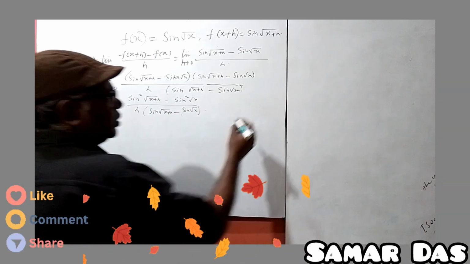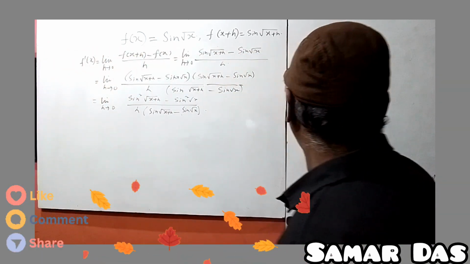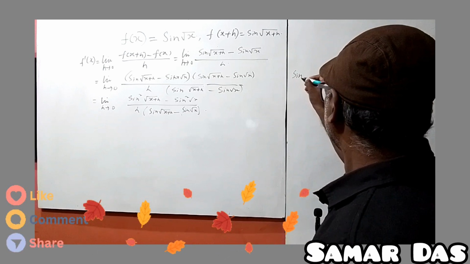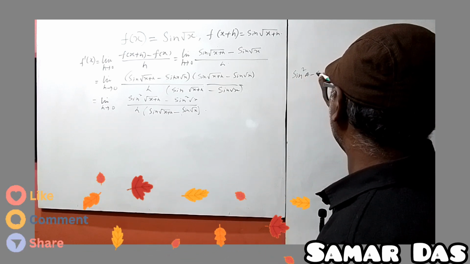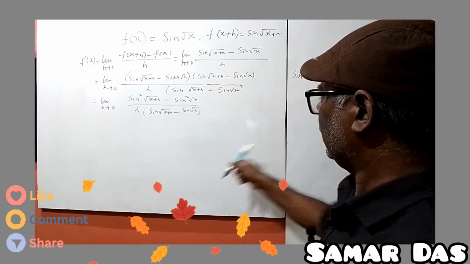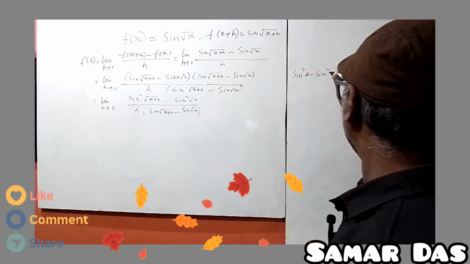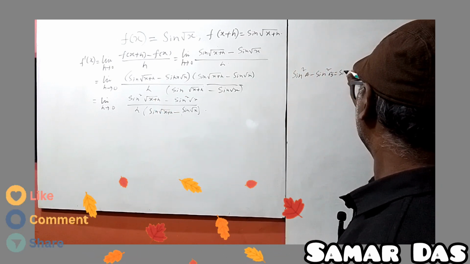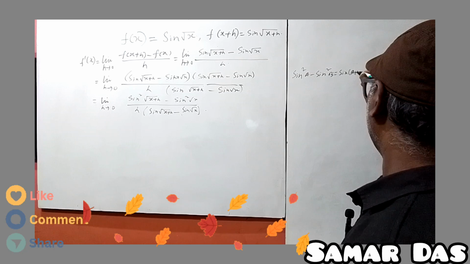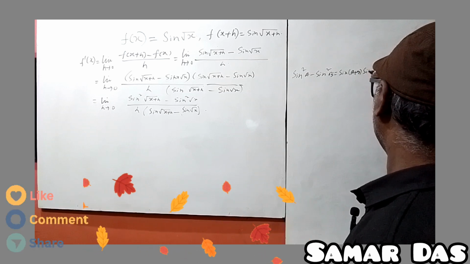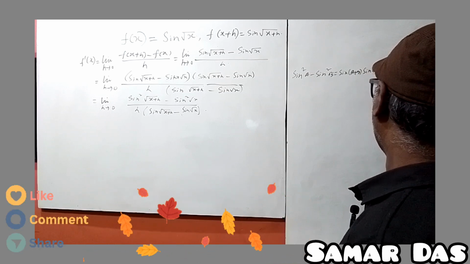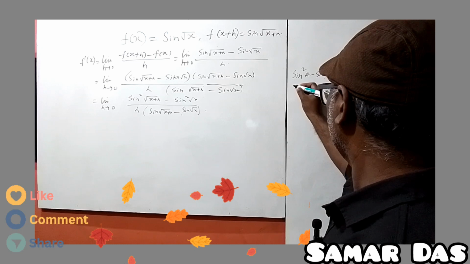Okay, you know the formula from trigonometry: sine square a minus sine square b. We can write here easily sine of a plus b into sine of a minus b, and this comes from trigonometry.